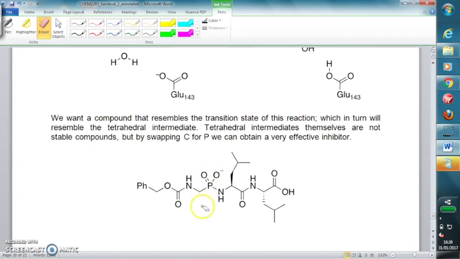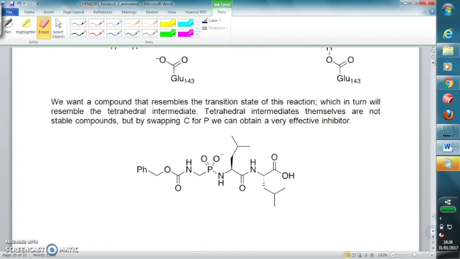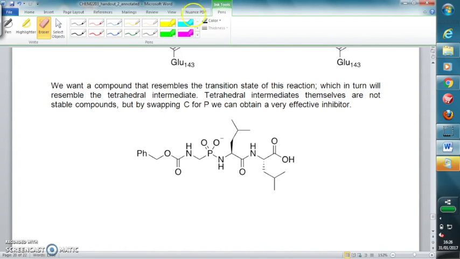And so this compound here is a very good inhibitor of thermolysin, because what we have is a phosphonamide which mimics this sort of tetrahedral intermediate.